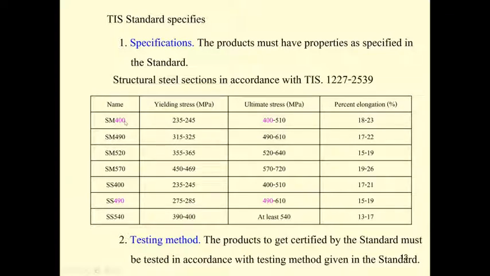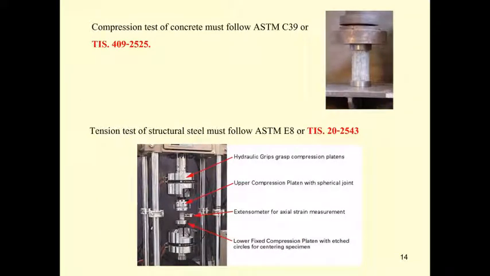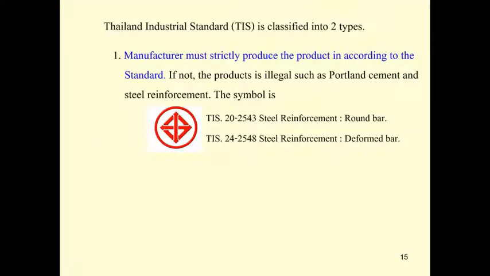Okay, the TIS gives you the specification and the testing method. Some important TIS are TIS 409-2525 for concrete, and TIS 20-2553 for steel, that you have to follow.